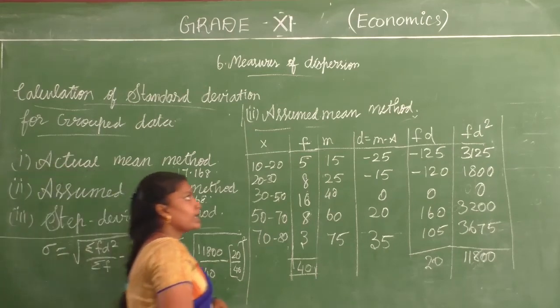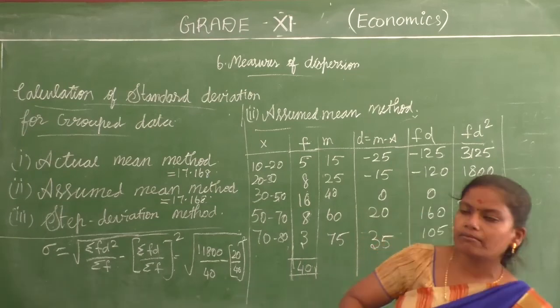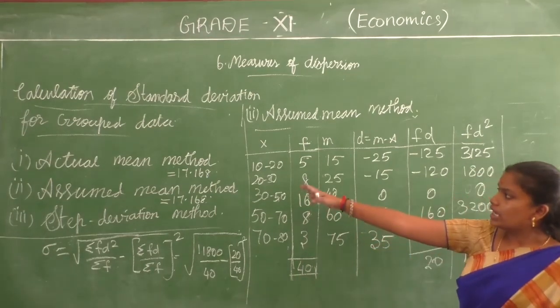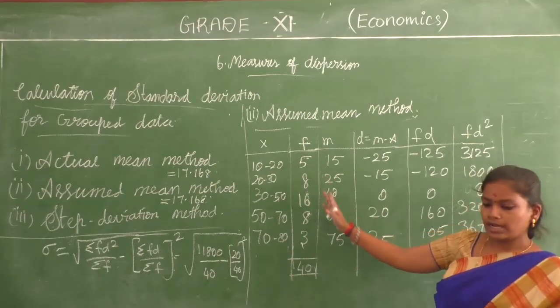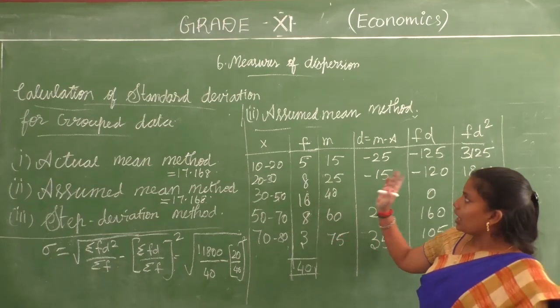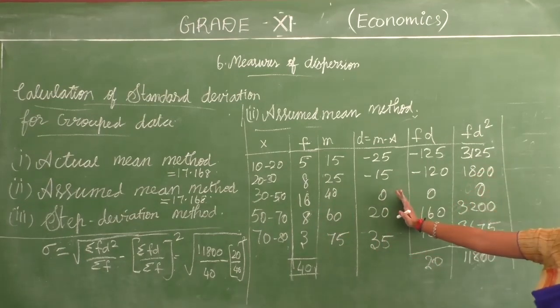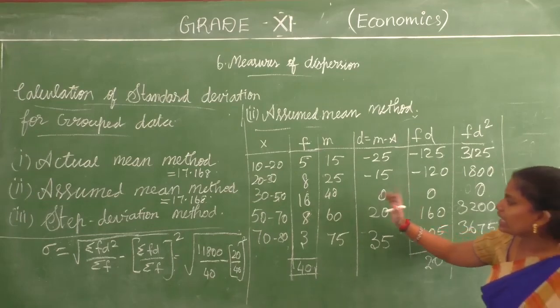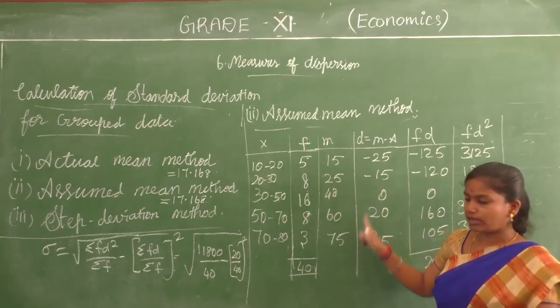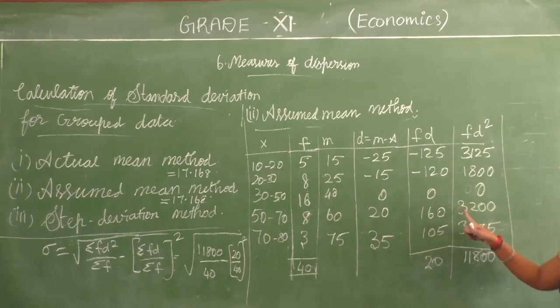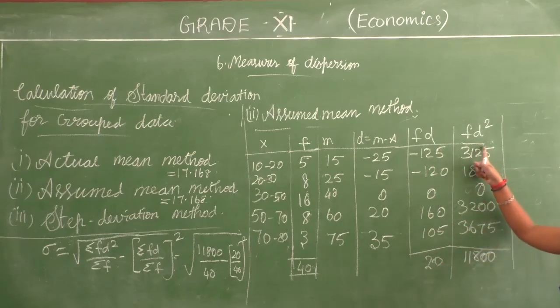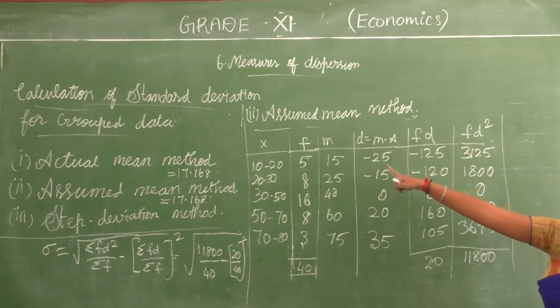17.168. What did you do in the assumed mean method, children? Very simple. You have your x as usual, f as usual, m, and then you move on to get d is equal to m minus a. You take an assumed mean and calculate it. Then fd, multiply f into d. Finally fd square, fd into d.